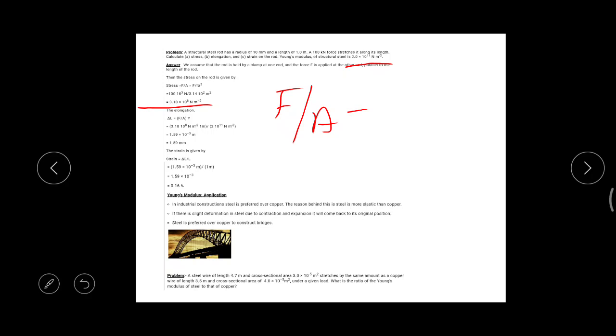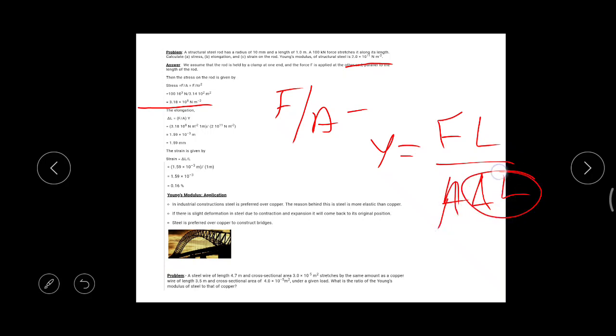So using the Young's modulus equation, Y is equal to F L divided by A delta L, you can find delta L as delta L is equal to F L divided by A Y. Substituting the available data in this equation, you can find the delta L value.